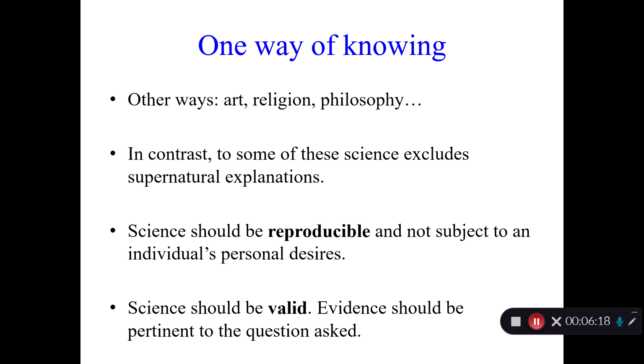So it's not subject to an individual scientist's personal desires or beliefs, right? They do these certain methods, they get the evidence back, and they report it. Science should also be what we call valid, and that means that the evidence you're collecting, the data you're collecting, should be pertinent to the question you're trying to ask, the hypothesis you're trying to test.